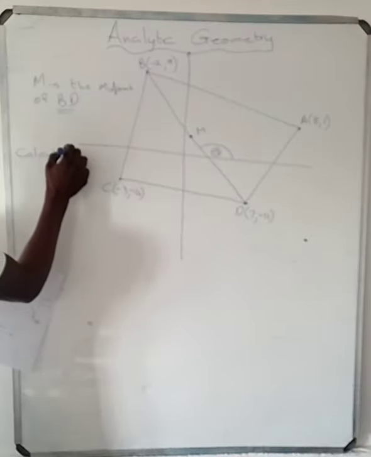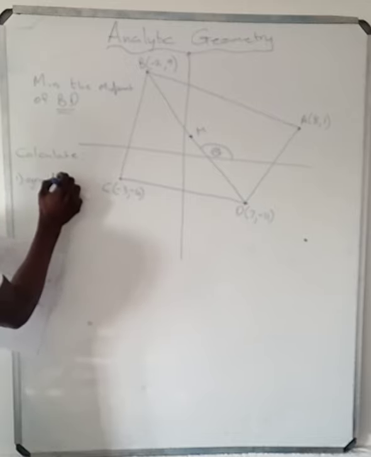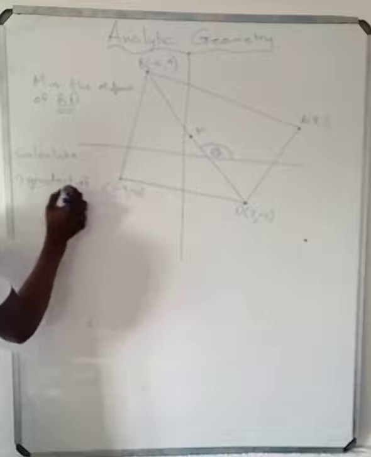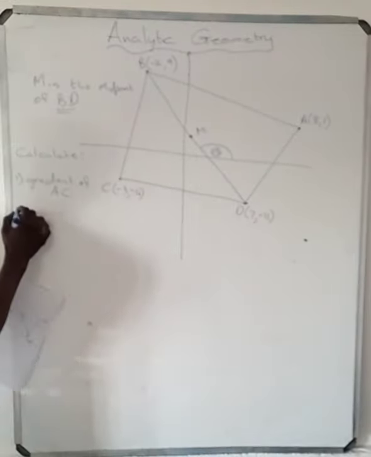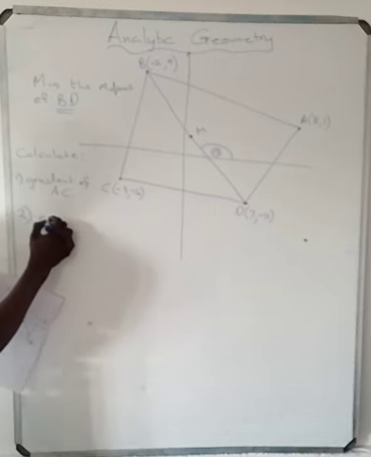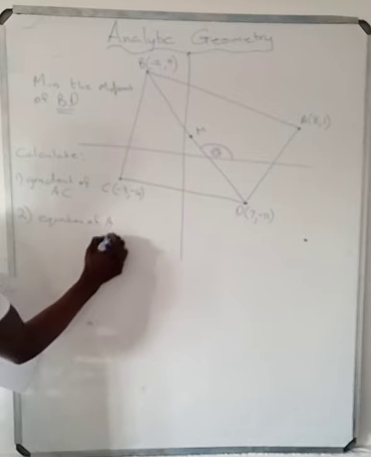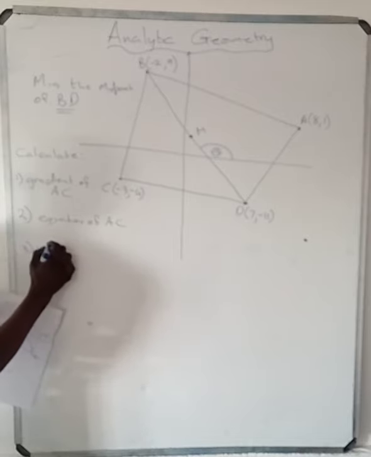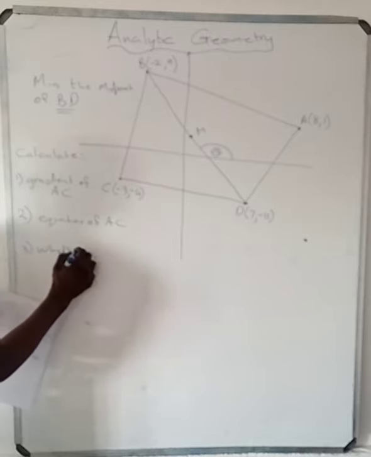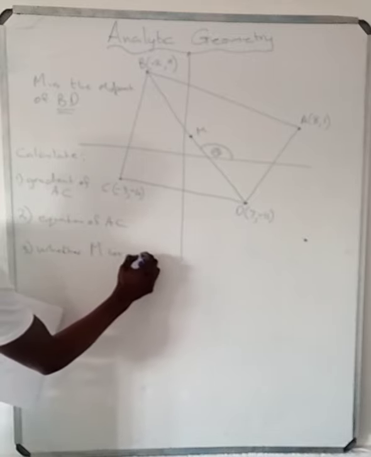Now sibuze questions ke. Kuthiwe calculate number 1 the gradient of AC. Number 2 but calculate the equation of AC. Number 3 calculate whether M lies on AC.